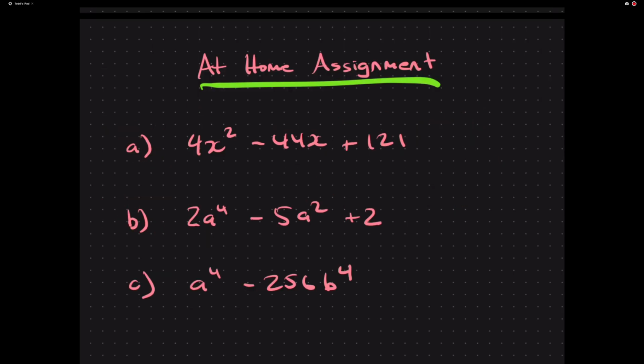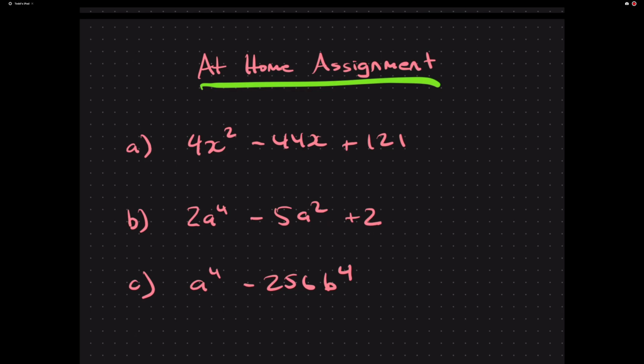Okay, well, that's it for this lesson, and we're getting near the end of the unit, which is great. And as usual, here is your at-home assignment to bring to our next class. A is 4x squared minus 44x plus 121. B is 2a to the power of 4 minus 5a to the power of 2 plus 2.